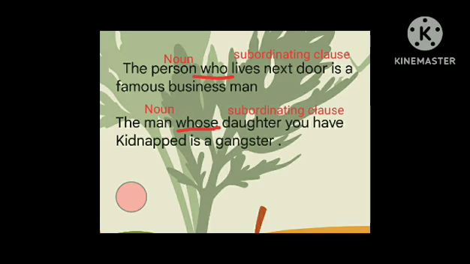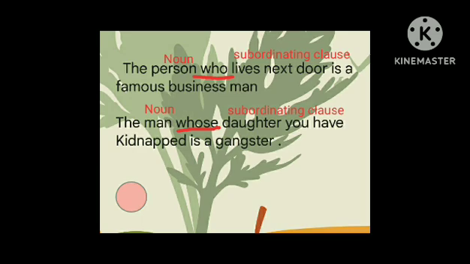Let's take another example. The man whose daughter you have kidnapped is a gangster. Now, man becomes the noun here, correct? After that, what is our subordinating conjunction in this sentence? That is whose. From there we start our subordinating clause.